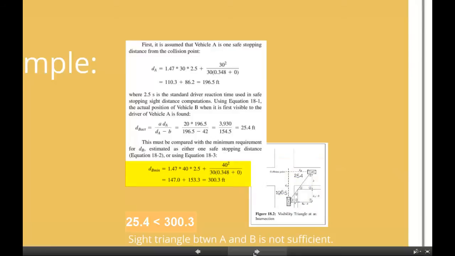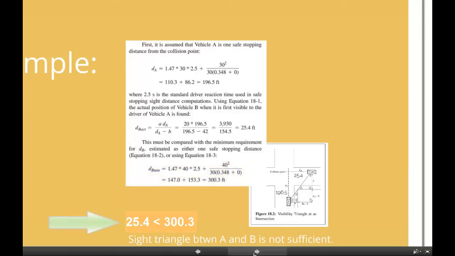Step 3. Compute B's stopping distance. B's stopping distance is computed here to be equal to 300.3 feet. If we take dB stop to be the minimum acceptable separation between vehicle B and the collision point, then dB minimum is 300.3 feet.